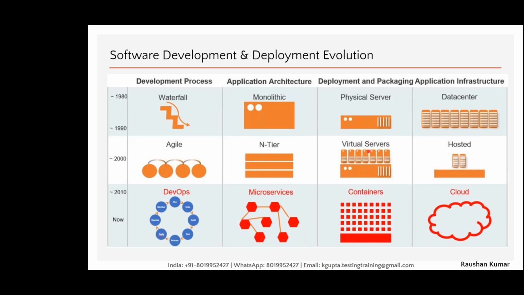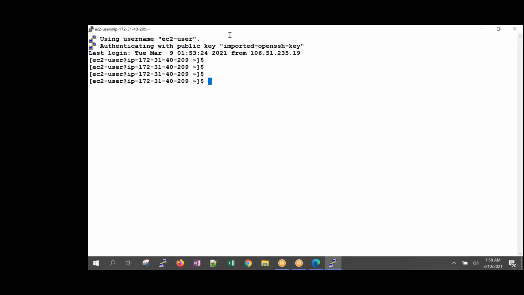And still we are using VMs. When I create an EC2 instance in AWS, I create a VM. An EC2 instance is a VM. This is the EC2 instance I have created in AWS, so it's also a VM.